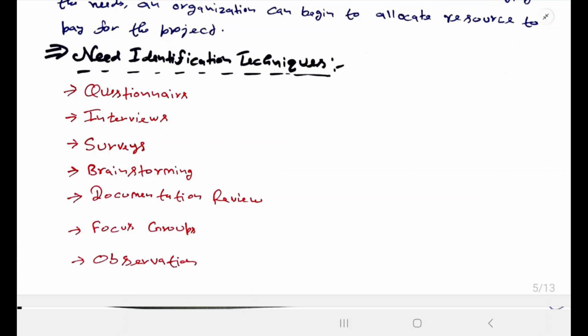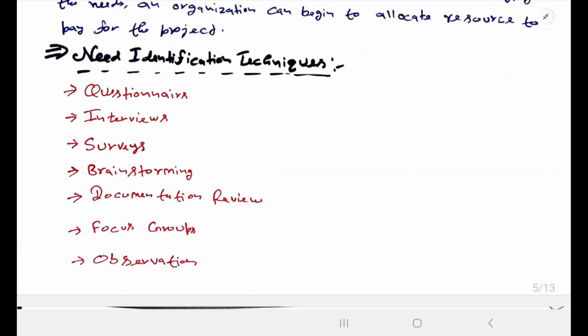As the name says, for questionnaires, we will prepare a questionnaire and ask the respondent to fill it according to their needs, and we will get our required information from these questionnaires. The next one is interviews. We will directly interview the respondent to get proper information.